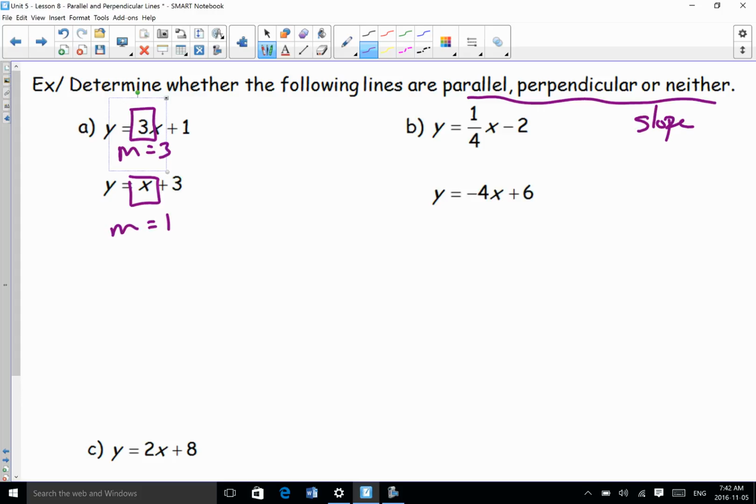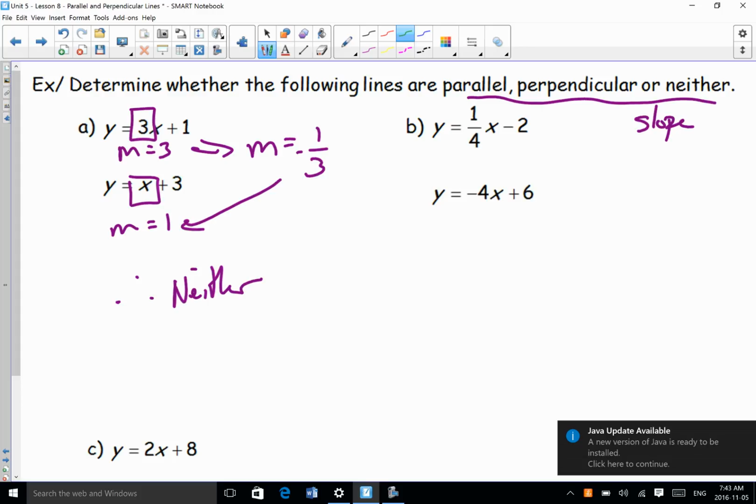Well, they aren't parallel because they're not the same. Are they perpendicular? Well, if they were, I'd have to be able to flip this over. That would become 1/3, and it would have to be negative. That's definitely not this one. So this is neither. These are not opposites. They're not the same. There's no relation.